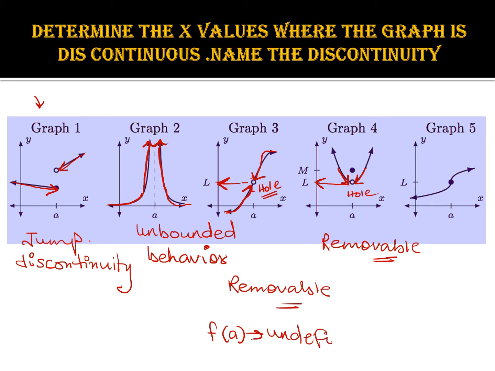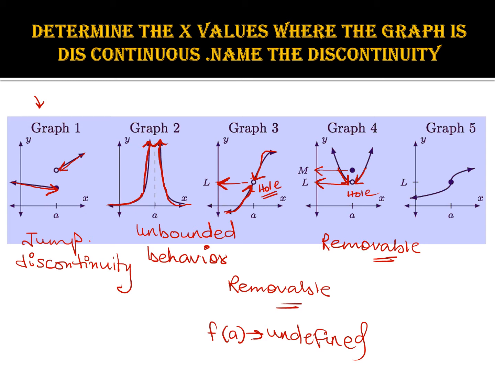You don't have any shaded point in graph 3, whereas in graph 4 you have a shaded point at A, with height M. But both kinds are the same: whenever you have a hole with a connected line, whether or not you have the shaded point, both are removable discontinuities.